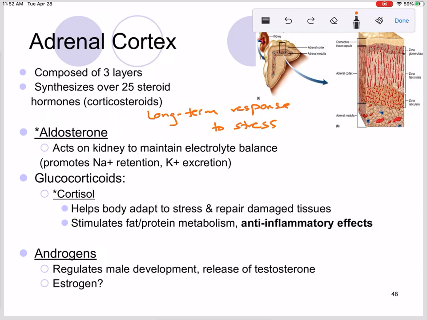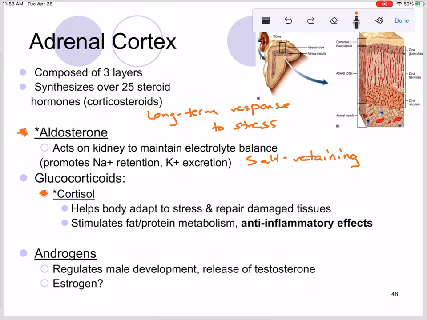The adrenal cortex, which is our outer region, secretes cortisol and aldosterone. These are the two hormones I'm going to ask you to know. And these are both related to our body's long-term response to stress.